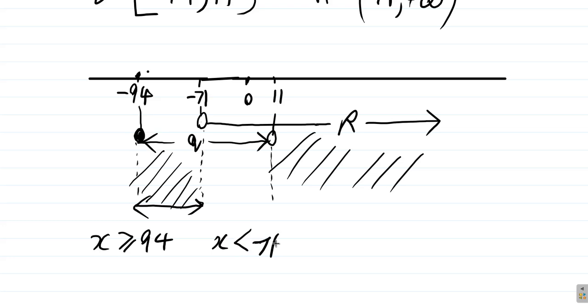All right. Let's think about this now. Q minus R is less than negative 71. Negative 71 is not included in R. But negative 71, I should say. Not positive, it's negative 71.